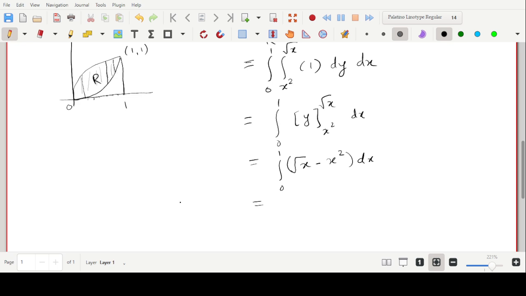Now we can, as usual, integrate this function with respect to x.